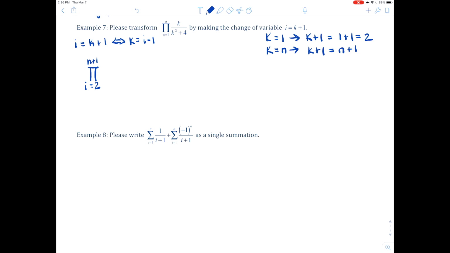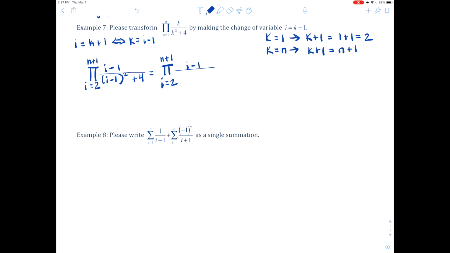Groovy. Well, now we know what k is, right? k is i minus 1 because we already looked at that. So on the denominator, we'll have i minus 1, the quantity squared, and then we're going to be adding 4. So simplifying, what are we going to get? We'll still have our i minus 1 in the numerator.